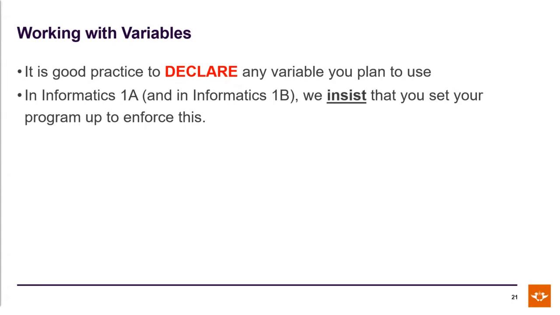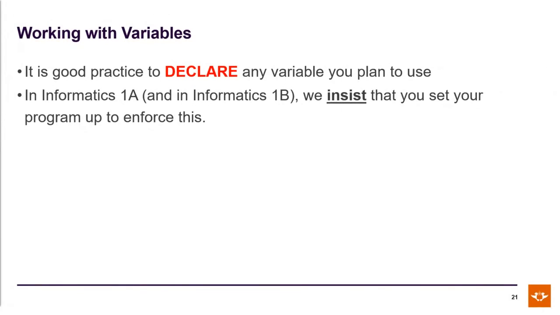It is good practice to declare any variables you plan to use. Certain coding languages allow you to just declare them as you go: I need a variable, so I'm going to declare it now. In Informatics 1A and Informatics 1B, we insist that before you start any coding, at the top, you declare all your variables. This lets us know that you thought this through and you're not just winging it.